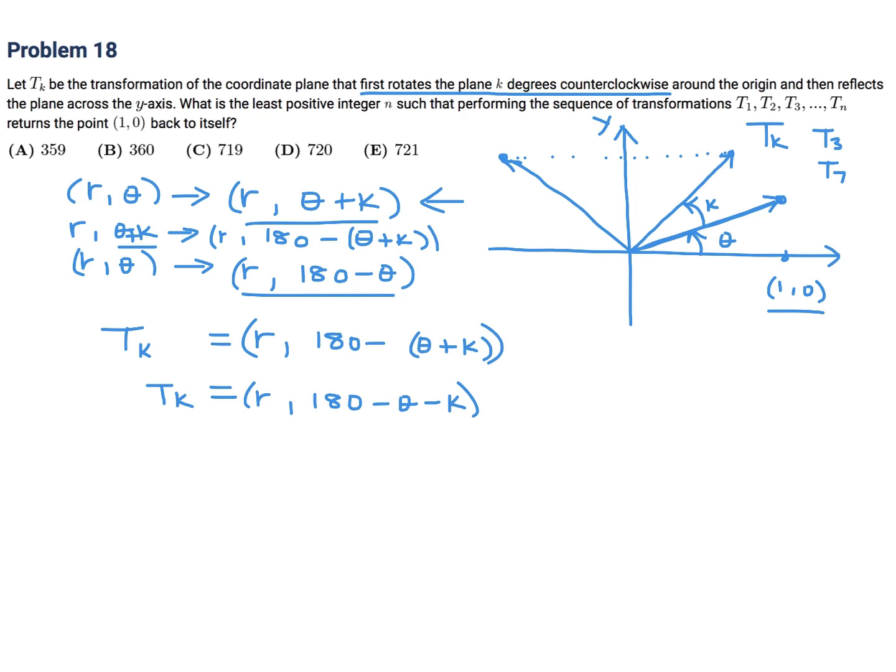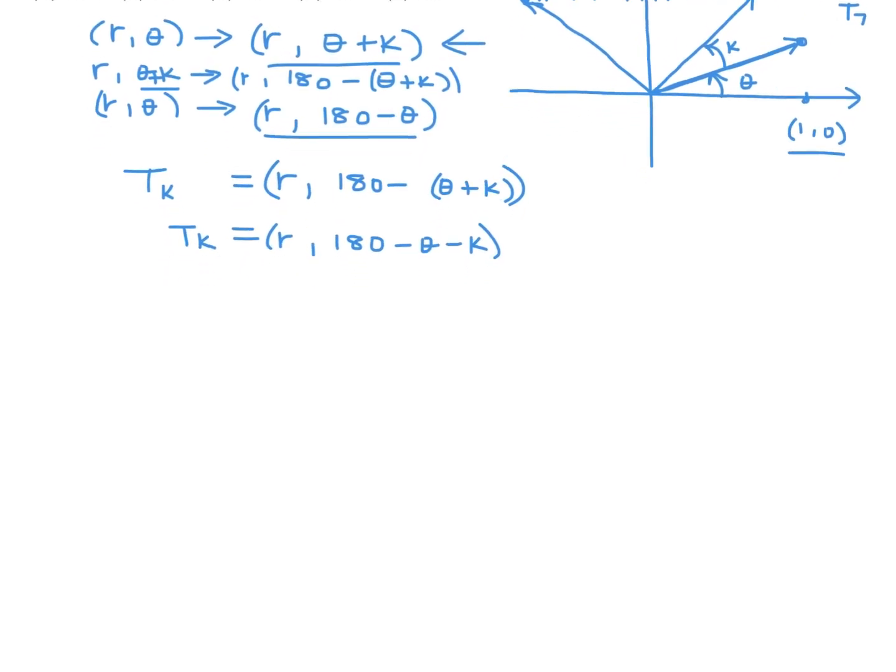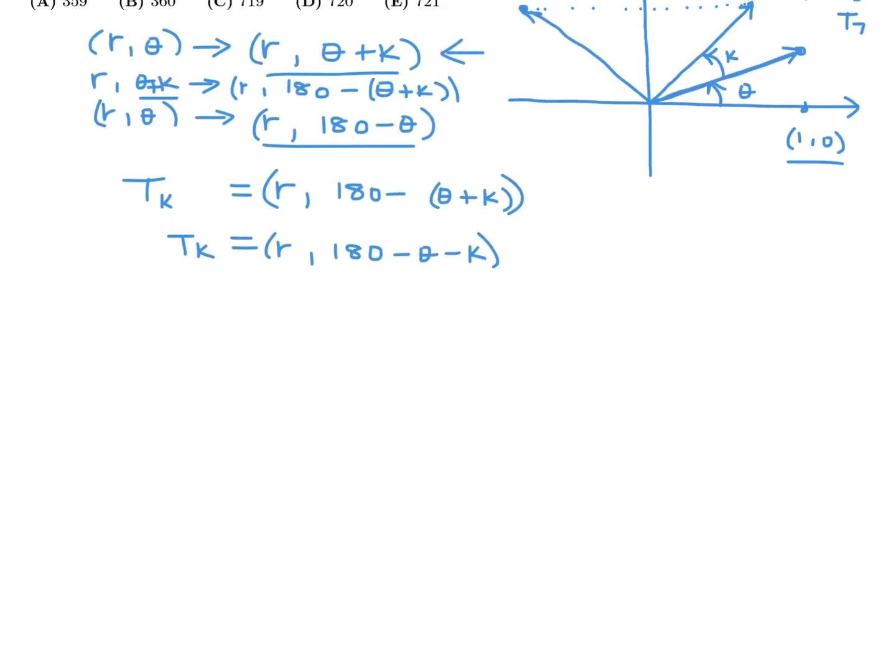You got it? So let's extrapolate this now, because we have to do this numerous times. So our initial point is (1, 0). And then we have our T1. So T1 is when k is 1, right?